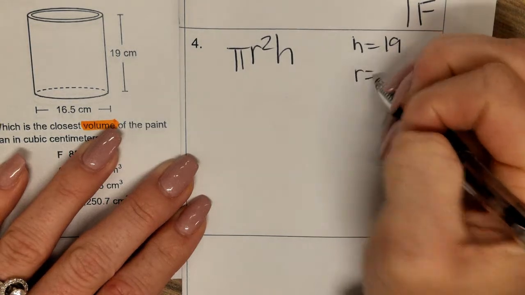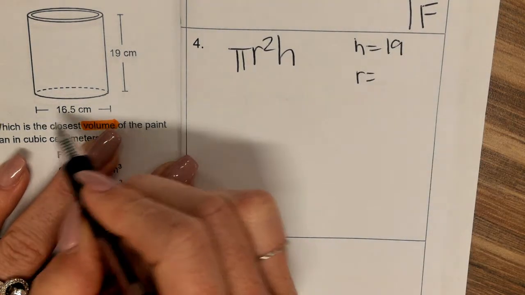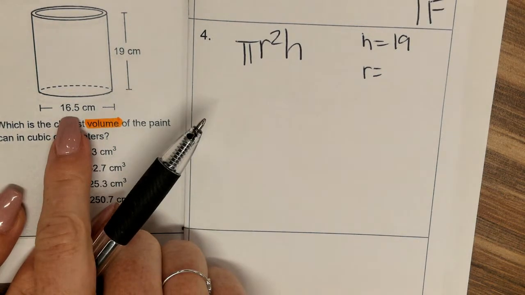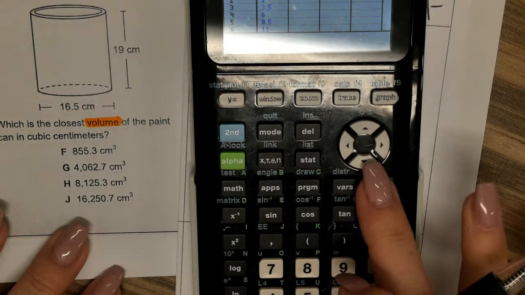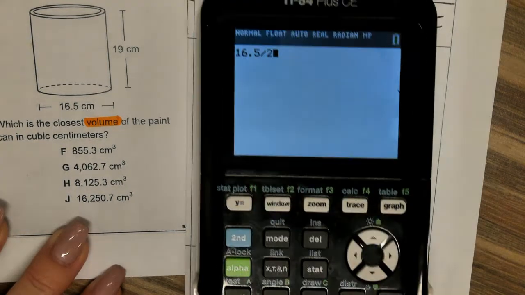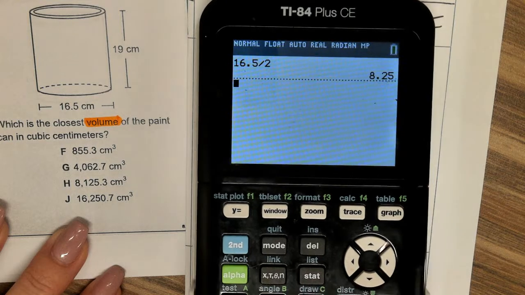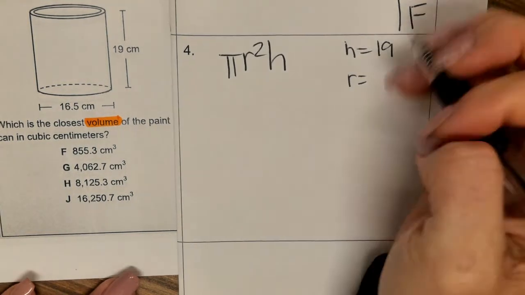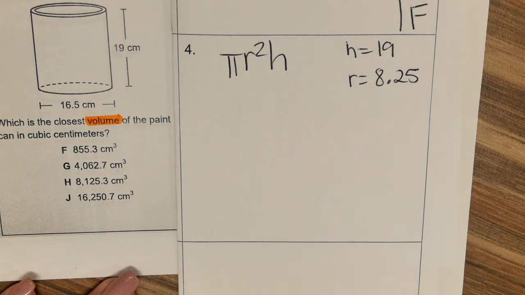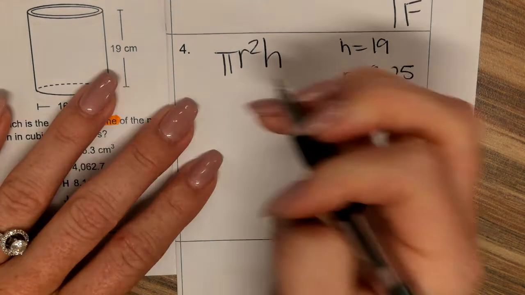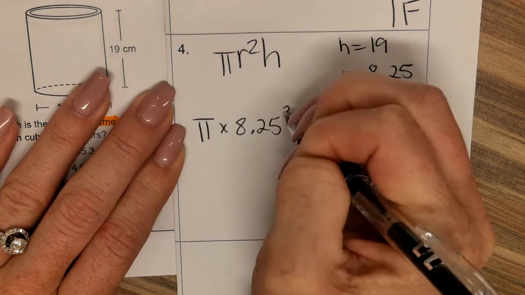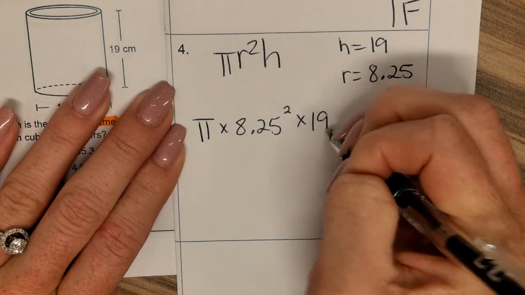Did they give you a radius or did they give you a diameter? So what do I need to do to this number? Okay, so I go to 16.5 and I divide it by 2. My radius is 8.25. So now I simply put that in the formula. So I'm going to do pi times 8.25 squared times 19.